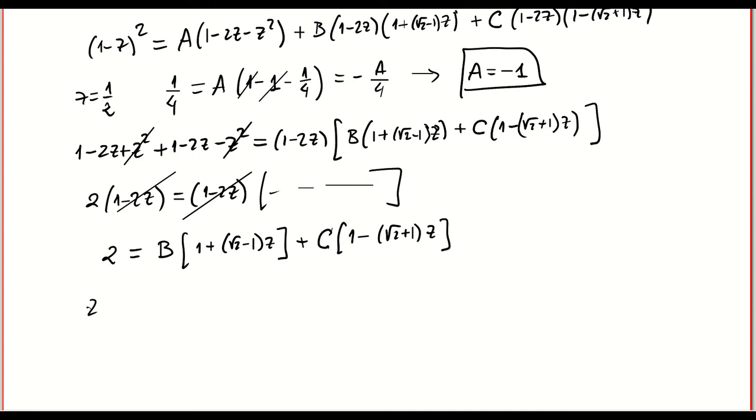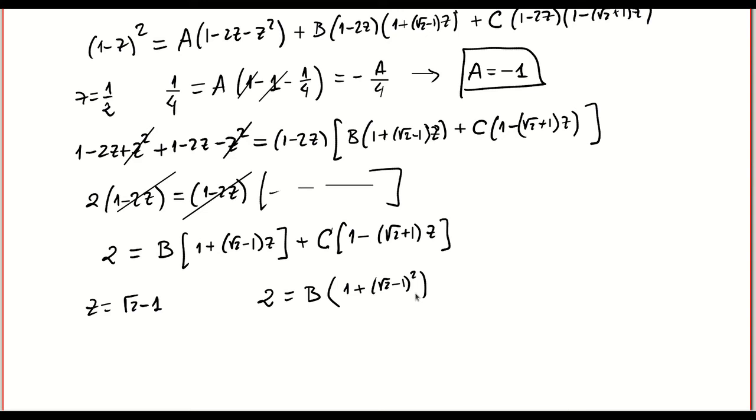We can take z equal to square root 2 minus 1, for instance. If we put it here, we have (square root 2 plus 1) times (square root 2 minus 1), and that is 1. 1 minus 1 is 0, so this goes away. So I have 2 equal to b times (1 plus (square root 2 minus 1) squared).